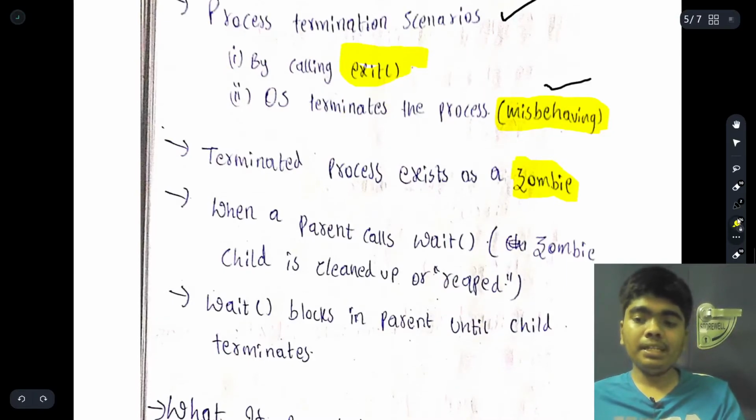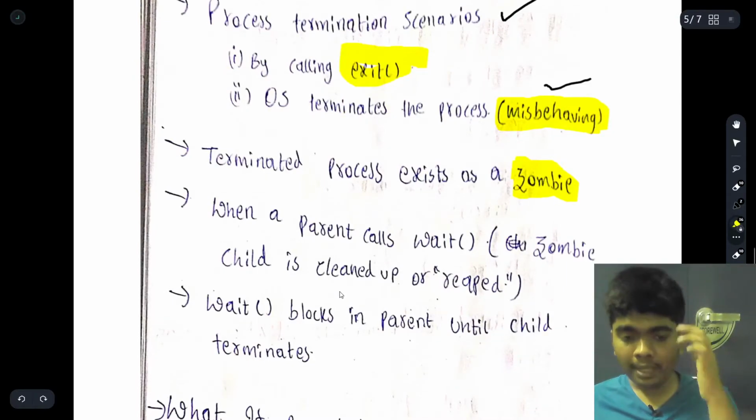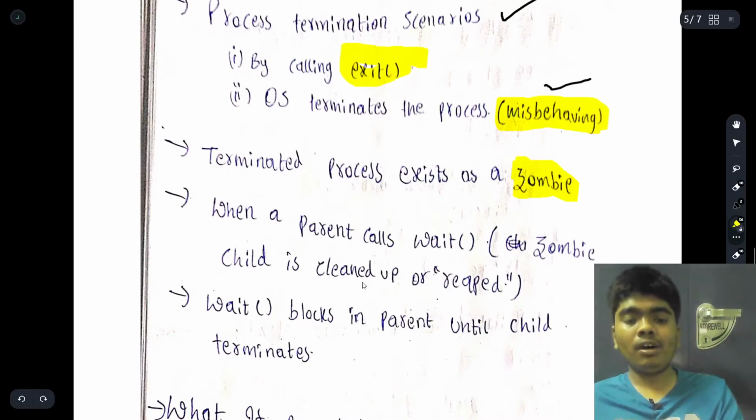When a parent calls wait, the zombie child should be reaped or cleaned up. This can be done only with the help of the parent call, so only a parent can reap or clean up that zombie.